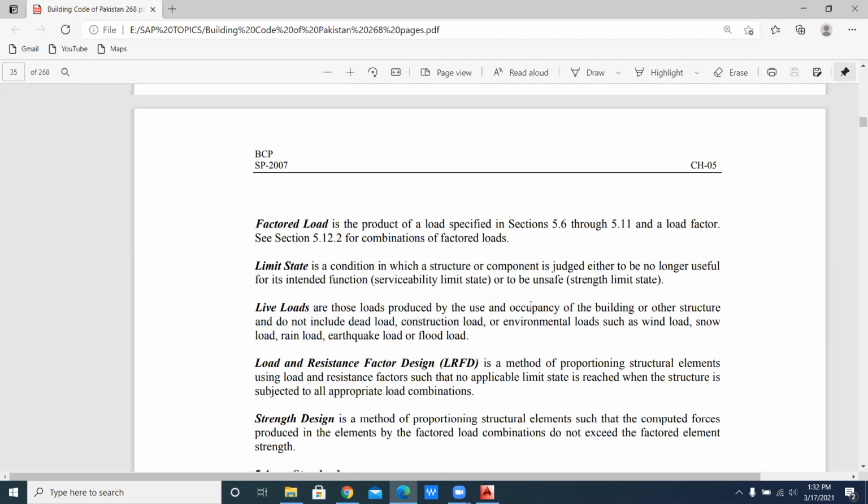Live load acts for a momentary duration. Let's suppose there is something that is movable on the structure, then you cannot consider it as dead load, because it is movable. Anything that is movable, you have to consider as live load.